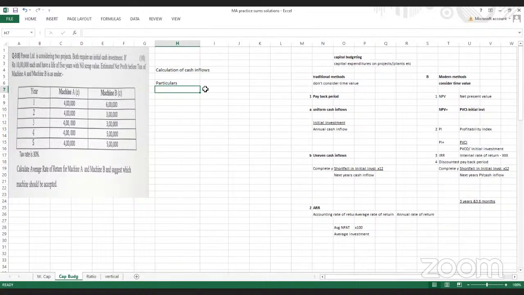We'll need one particular amount. I'll make this for project A, machine A. So start with the amount which is given to you. Now the profit given to you is before tax, so I'll start with net profit before tax.